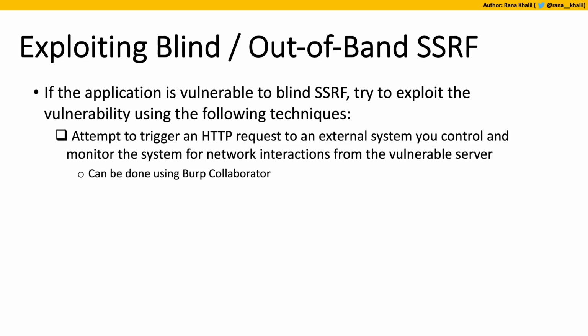So think of Burp Collaborator, and then monitor that external server to see if there were any network connections from the vulnerable server. So you need to force the application to make a DNS or an HTTP request to a server that you control. And if you receive an interaction, that means it's vulnerable. If you don't receive the interaction, that means it might not be vulnerable.